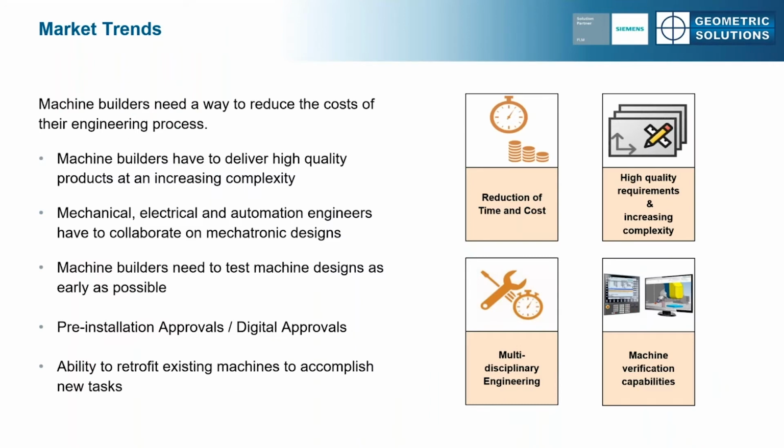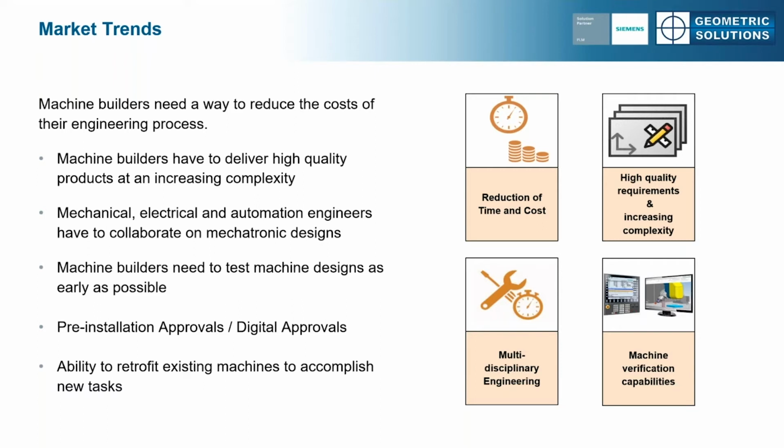Along with that, we found some other interesting marketing trends. One of the trends is that your customers are demanding lower cost and they want the machine built quickly. And it's not simply a matter of, well, I'll make it quick and cheap and it won't work very well. No, they still want high quality.